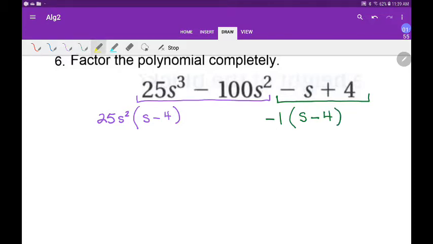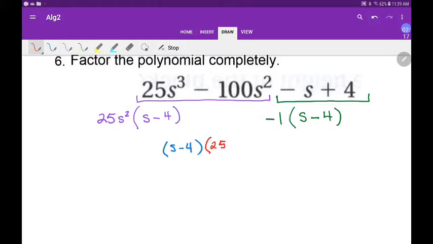And now I do have the same thing, because I factored out a negative from both of the next two terms, and I wanted to get the same thing because I want to write S minus 4 as a factor, and then I also want to write the leftovers as the next part.